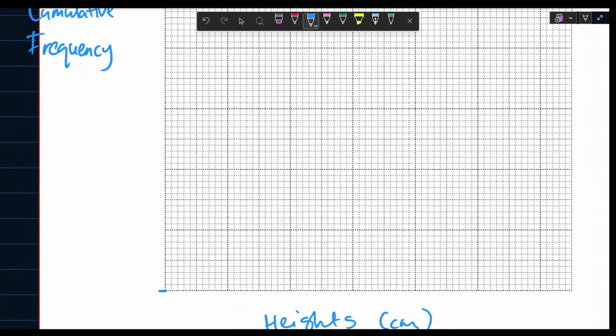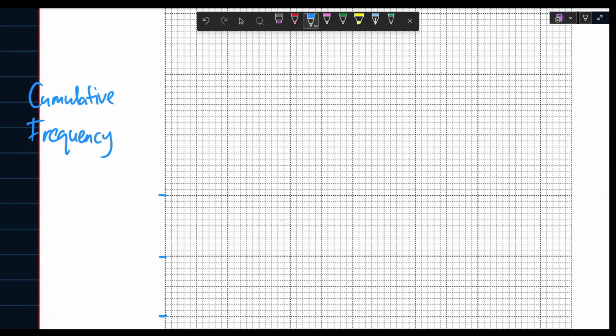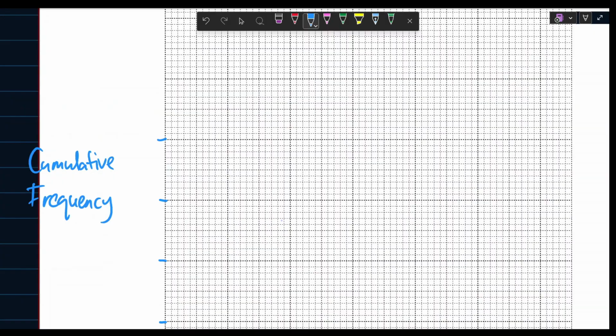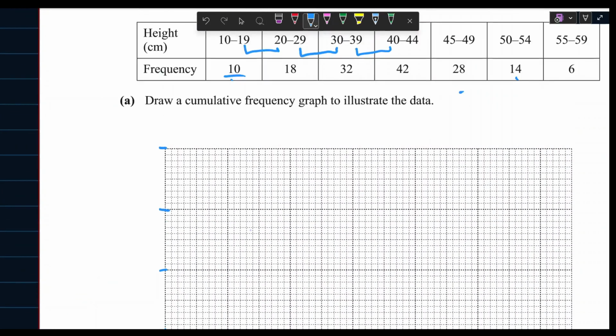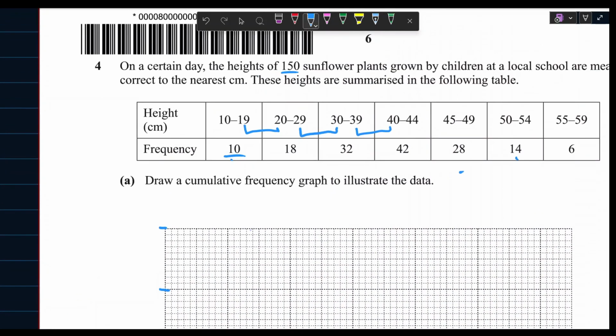We're starting here, that's going to be 0. We've got 1, 2, 3, 4, 5, 6, 7, 8. We've got a total of 150 sunflowers.